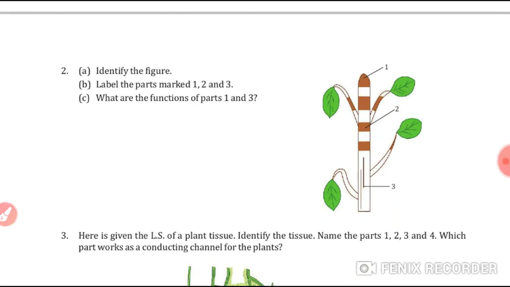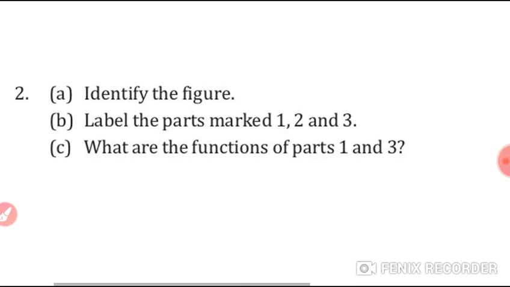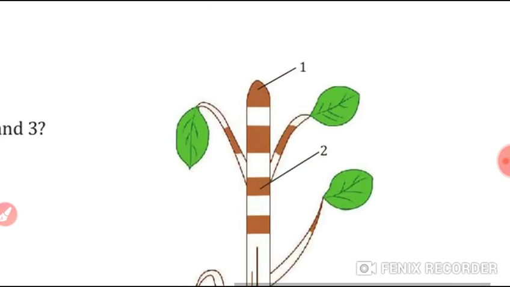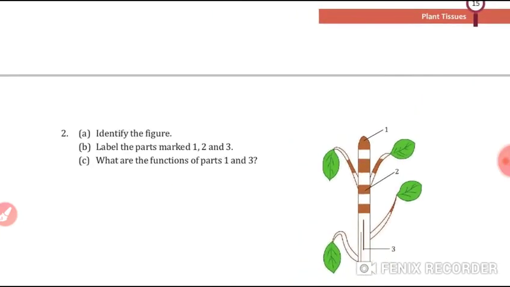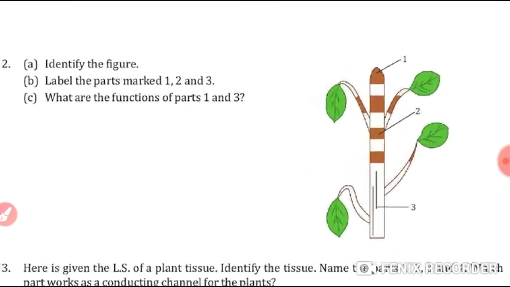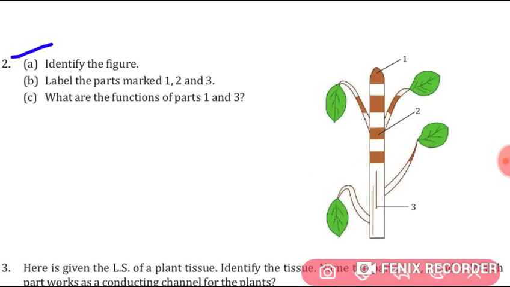Okay, students. Now come to your next question. Identify the figure. Second, label the parts marked 1, 2 and 3. And what are the functions of part 1 and 3? First, the answer of the first question. Identify the figure. This figure you have to identify. Answer number A you have to write.